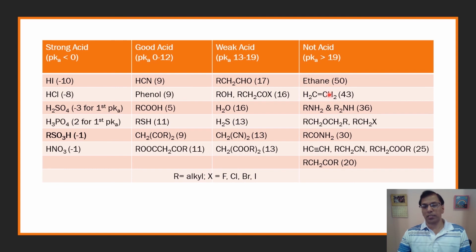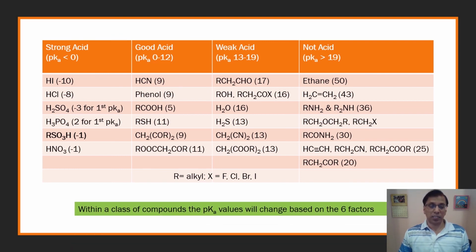Examples are ethane, or compounds with double bonds or triple bonds, or the CH2 group next to a nitro, or an ester group or a keto group are not acidic enough. Within a class of compounds, the pKa value will change based on the 6 factors. So the class can be amides or esters or amines.